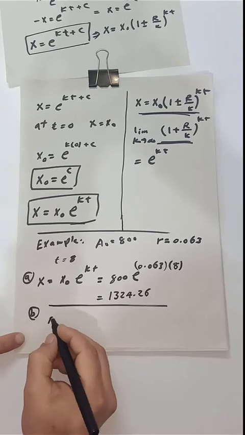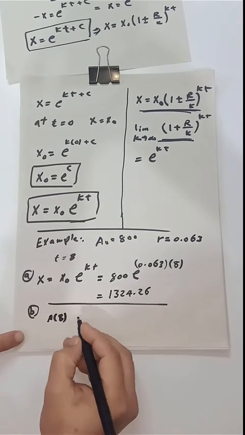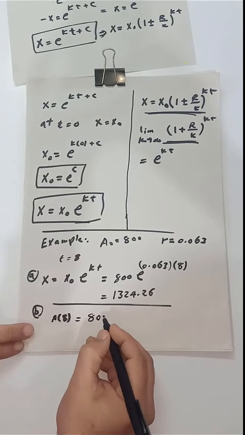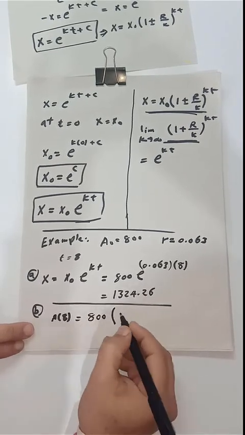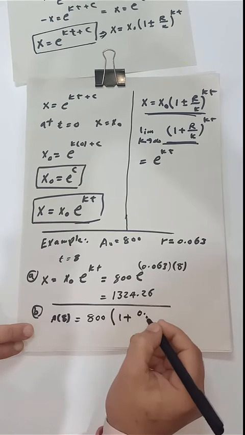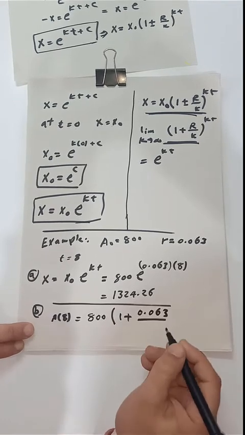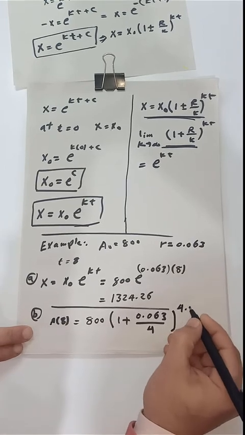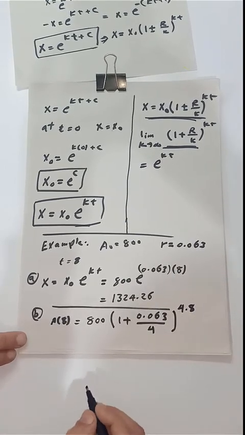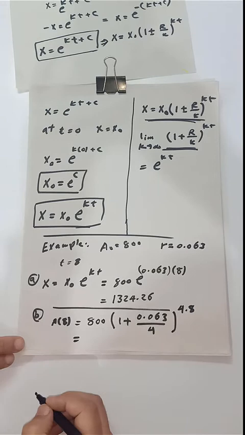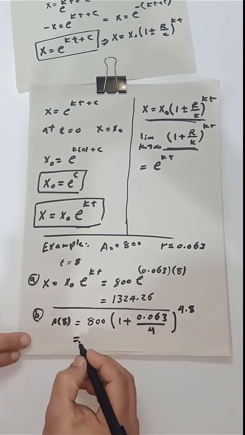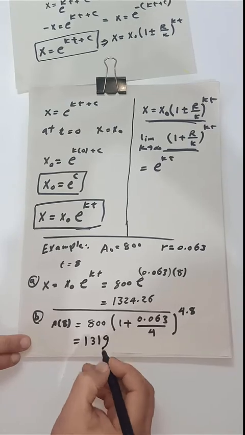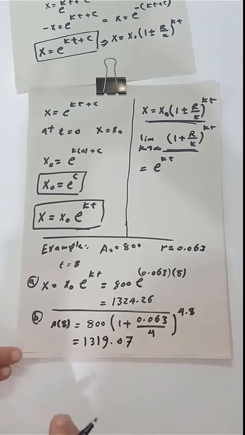So A of 8 in this case equals 800 times (1 plus 0.063 over 4) to the power 4 times 8, which approximately equals 1319.07.